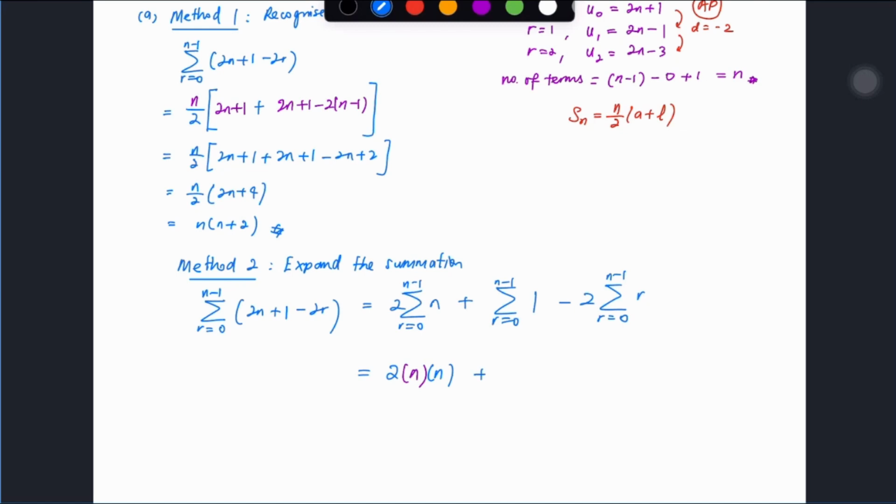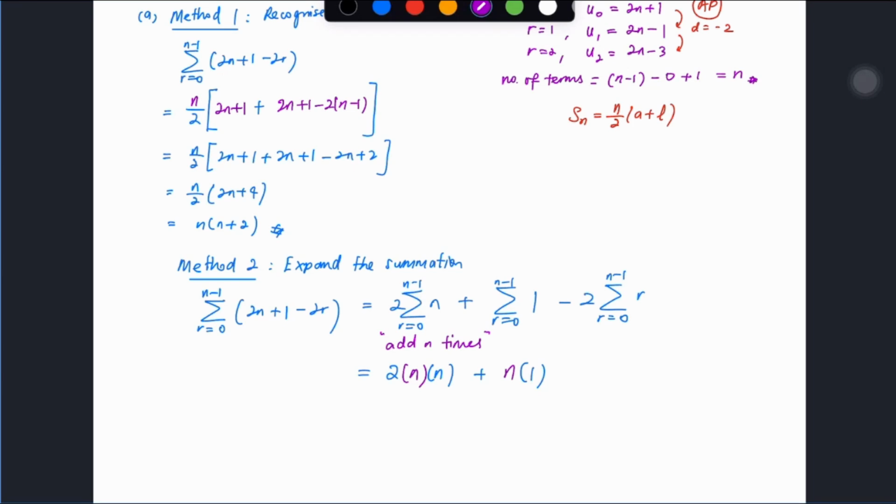In the same way, I'm adding 1, n times. The first one is I'm adding 2n, n times. The second one is I'm adding 1, n times. So that's why it's a multiple. Can accept? Okay, all right.